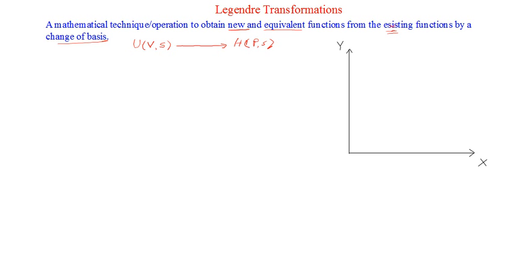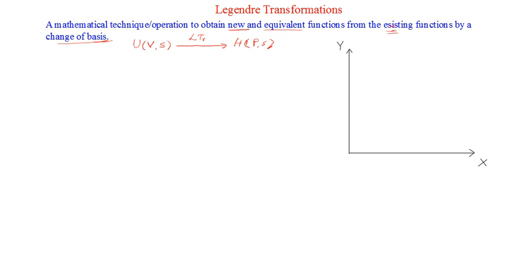So just understand that V and S are known as natural variables, or otherwise known as the basis. In this Legendre transformation, the variables or the basis is changed from V, S to P, S.